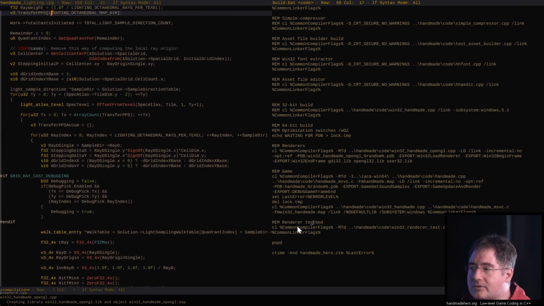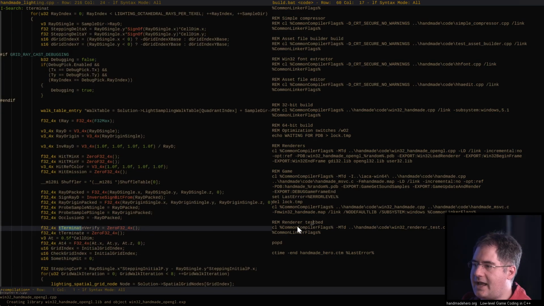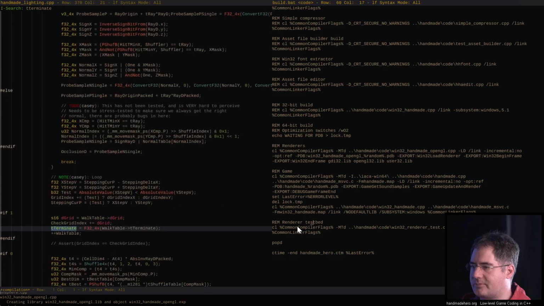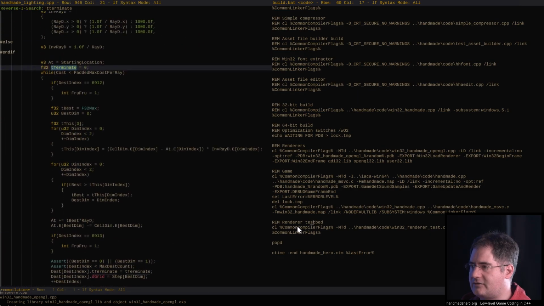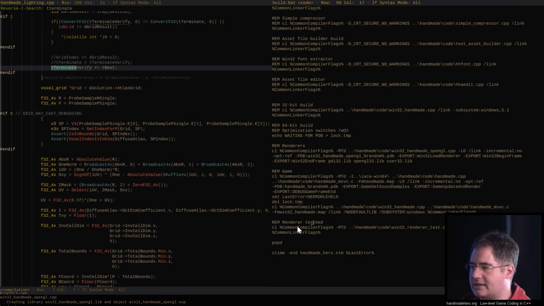That's possible. If we look at what happens with t-terminate, for example, here, it's what is used, right?